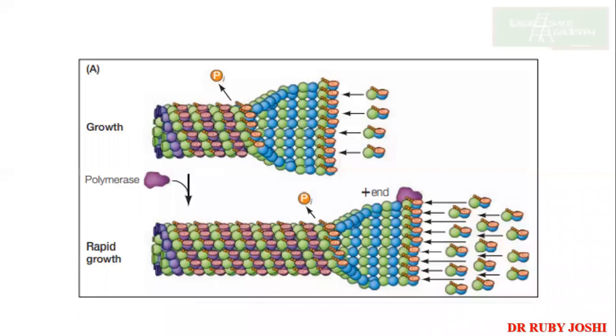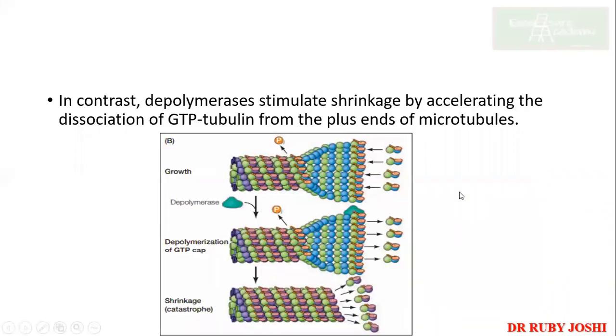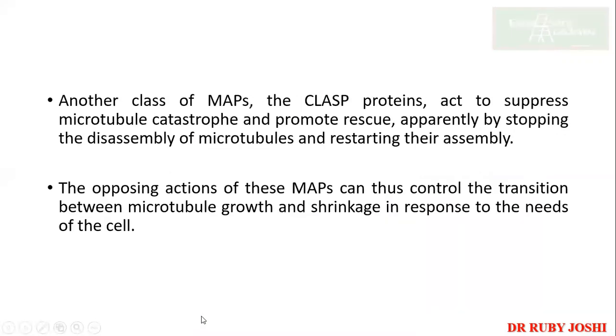So these are the three ways by which microtubules can grow and shrink. The first is where MAPs are coming and acting as a polymerase, binding the GTP bound tubulin molecules. In the second, depolymerization is happening. Now just imagine this shrinkage or catastrophic depolymerization is happening.